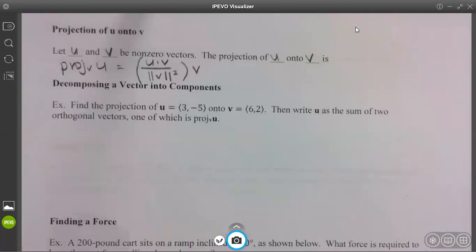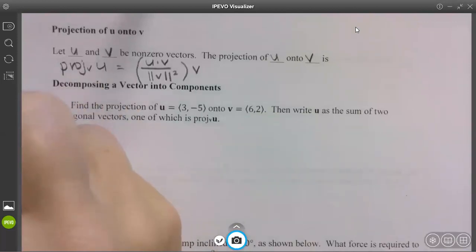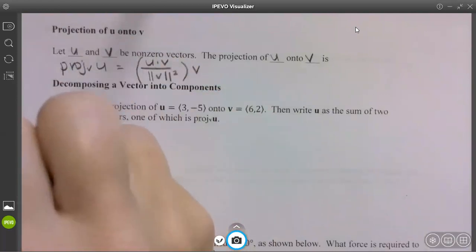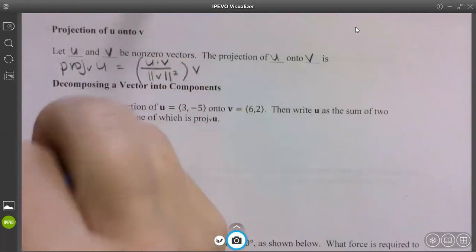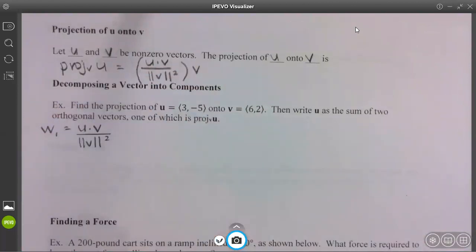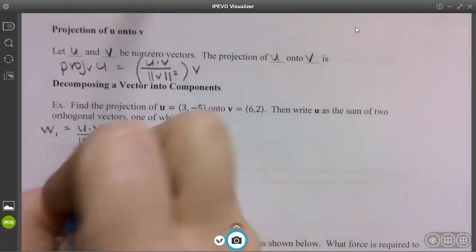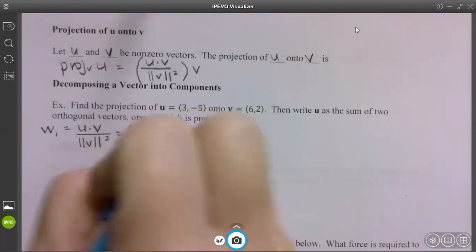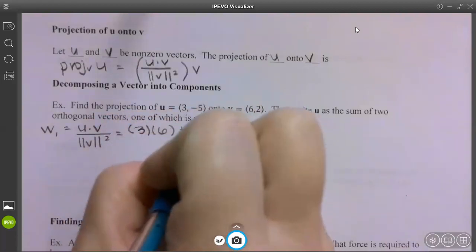All right, so we're going to find the projection of U onto V, then write U as the sum of two orthogonal vectors, one of which is the projection of U onto V. So we're going to start by doing W1. W1 is U times V over the magnitude of V squared. So U times V, remember when we multiply these, your X's come first, X's multiplied together, plus your Y's multiplied together.